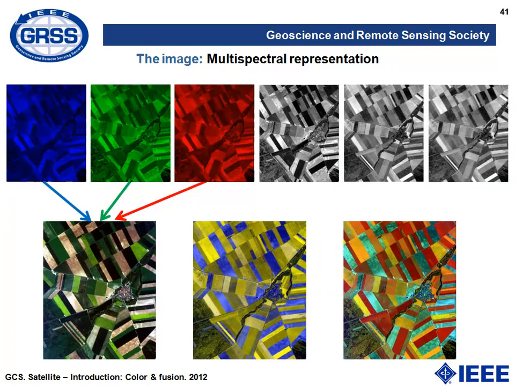If we choose the red band, the green band, and the blue one, and these bands are represented in the right visualization, red, green, and blue, we obtain an image that is close to our visual interpretation.